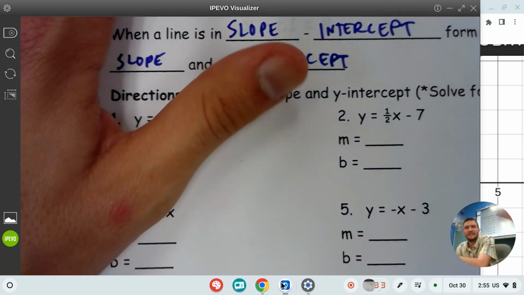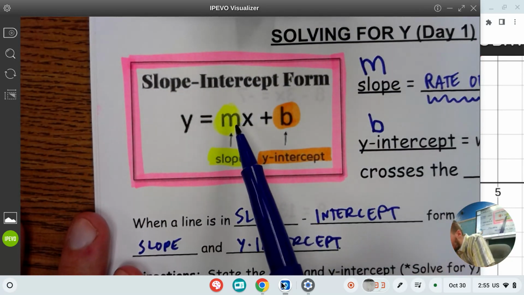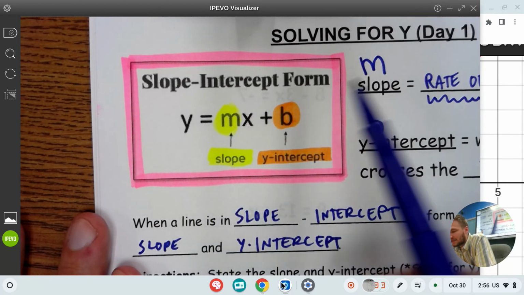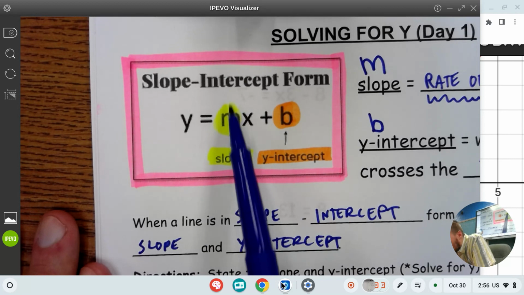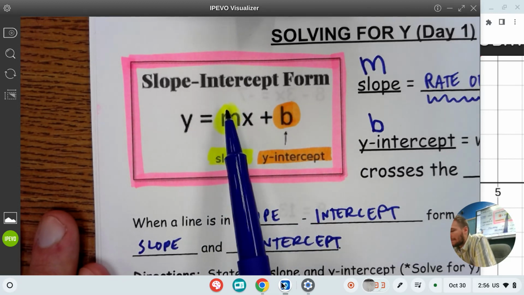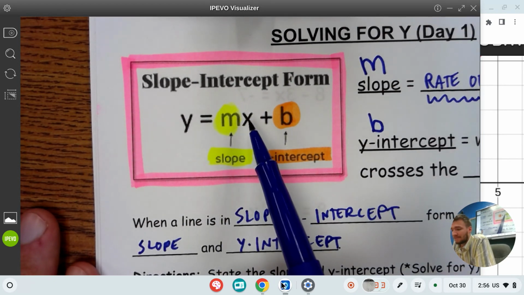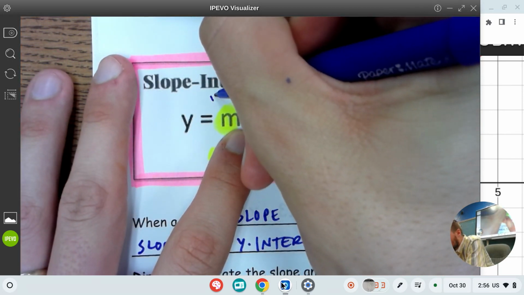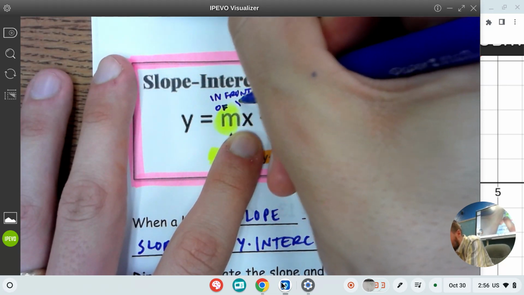Now, before we answer this, we got 10 seconds left of the notes. Where would you describe the m as being in this function? Now, that's the right answer, but let me answer this. Where can you find the m in this formula? After the equal sign, and what is it in front of? Next to x. Right, so the best way to think about the m is in front of x.